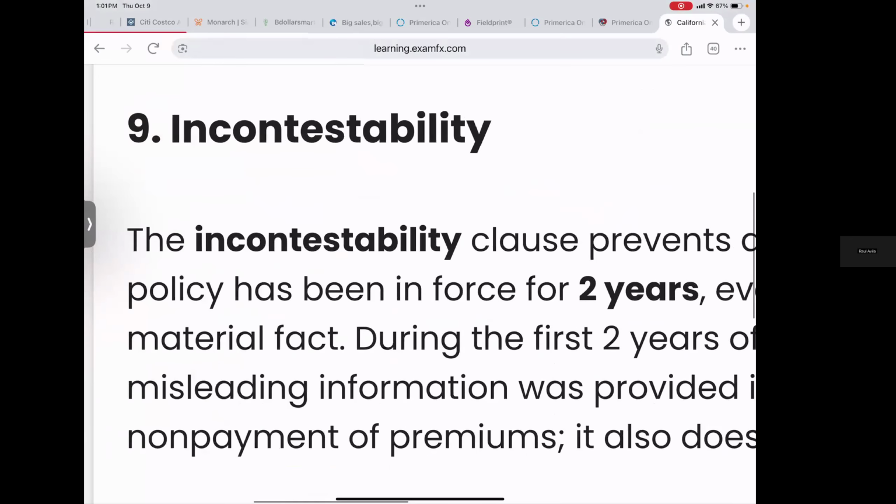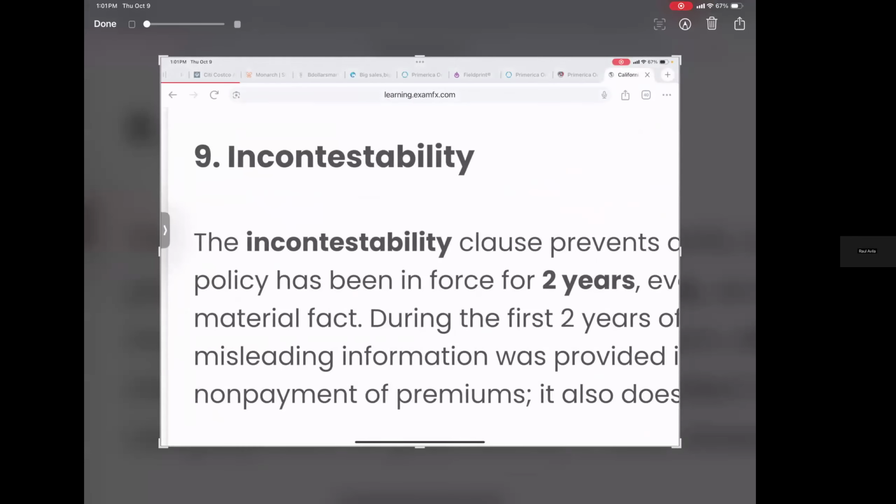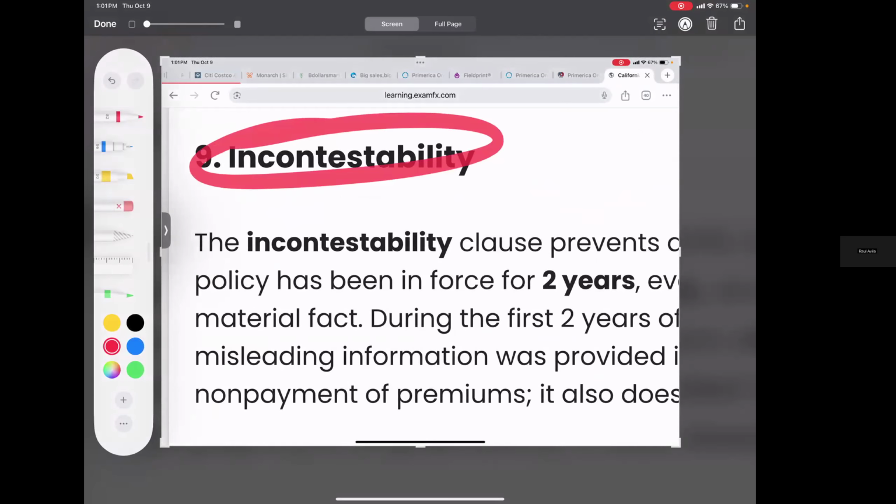Incontestability. What is that? Just think incontestability, think 2 years. So what happens here?